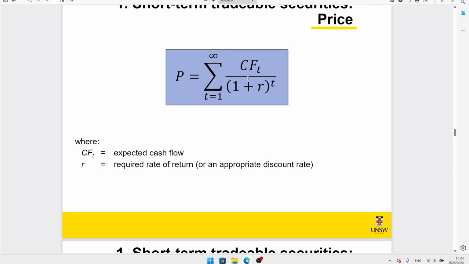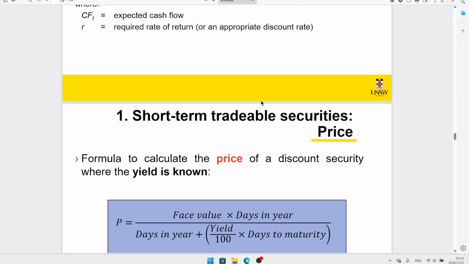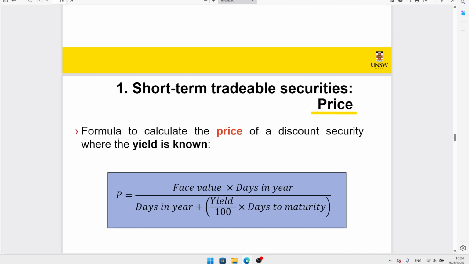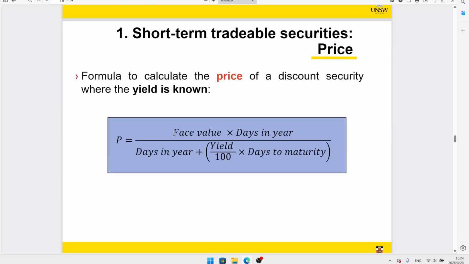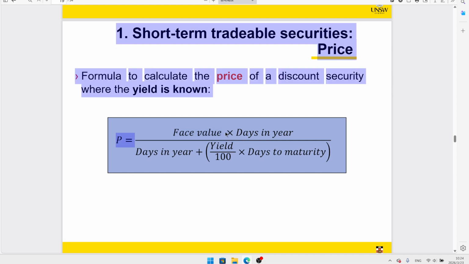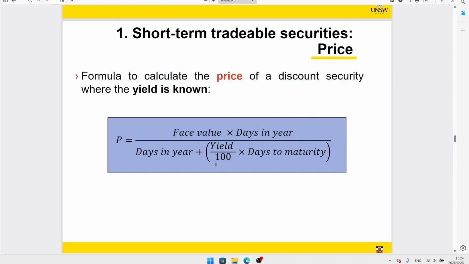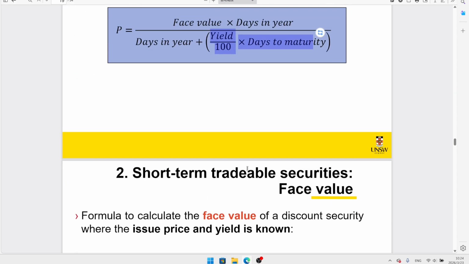It's a very basic price function. The formula to calculate the price of a discount security, when the yield is known, is face value times the days in the year, divided by the days in the year plus the yield divided by 100 times days to maturity.